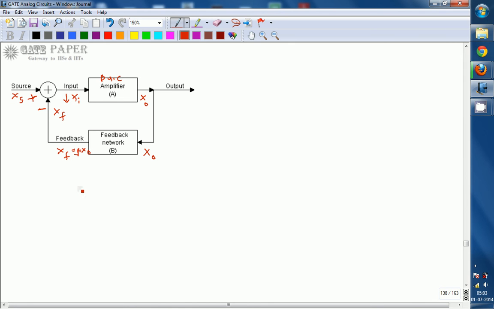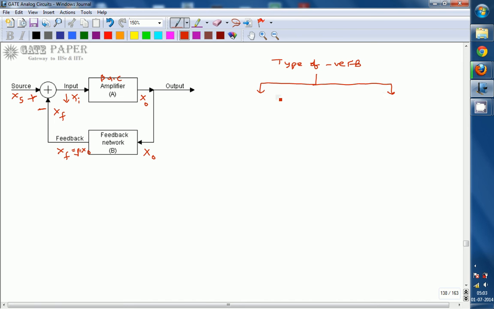The type of negative feedback depends on how the output signal is sampled and how the feedback signal is mixed. Based on the types of sampling and mixing, negative feedback amplifiers are classified.